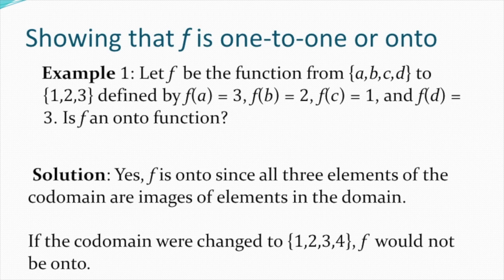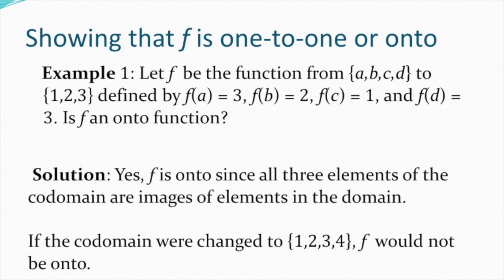Here I'm not giving you a generic function like f of x equals y plus something. I'm just giving you the mapping. So f of a equals 3, f of b equals 2, f of c equals 1, and f of d equals 3.